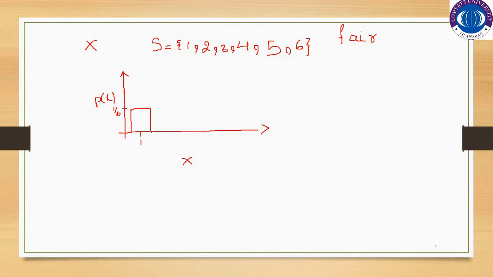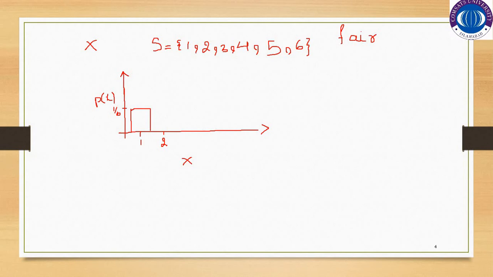The other possible outcome is 2. What are the chances of occurrence of the outcome 2? Again, it is a fair die and all outcomes are equally likely.